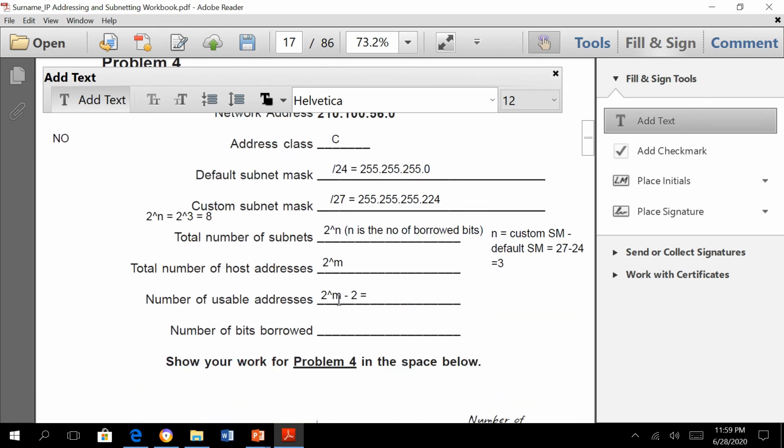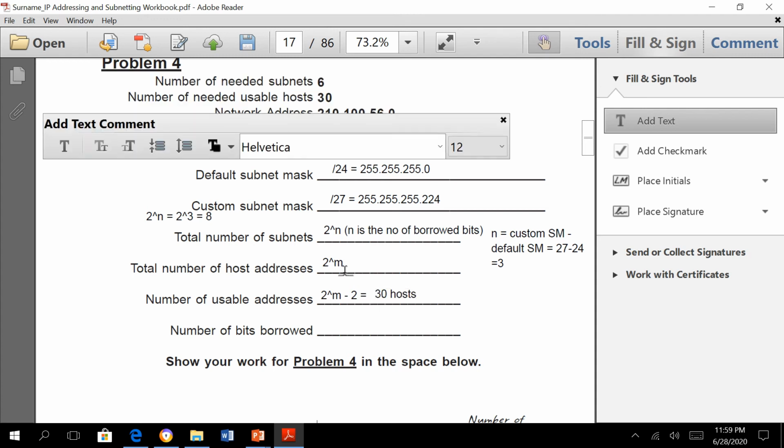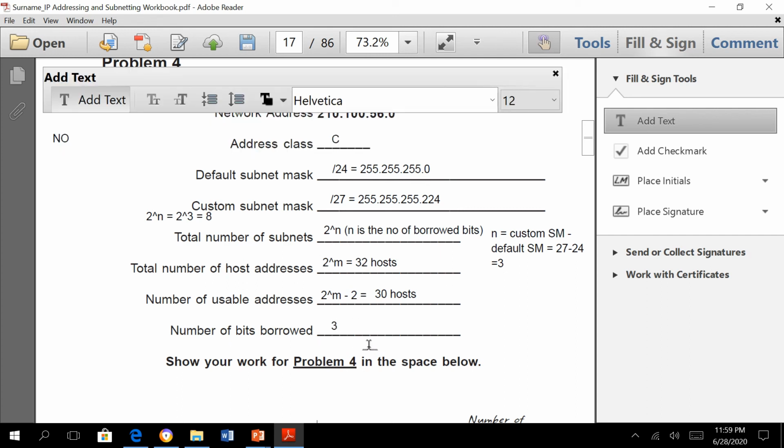So 2 raised to 5 is 32 minus 2, that's 30 hosts. And for the total, it's only 2 raised to 5, which is 32 hosts. That's how it is. And then the number of bits borrowed, we already solved that. That's 3.